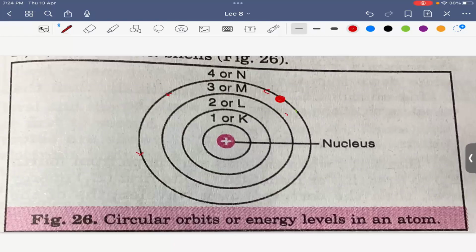It cannot occupy an energy level in between; there is a gap between these two. It can only jump from this energy level to that energy level. So electrons do not continuously lose energy as per electromagnetic radiation, which was the problem with Rutherford's model.